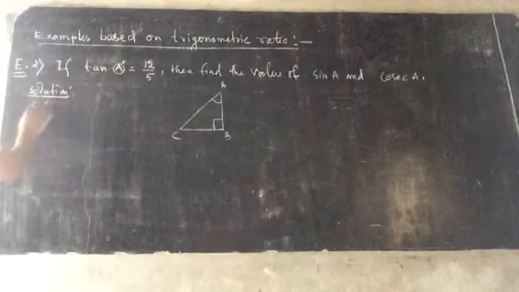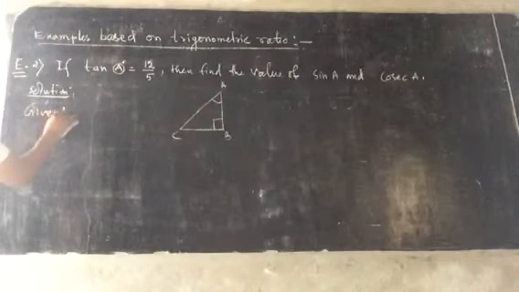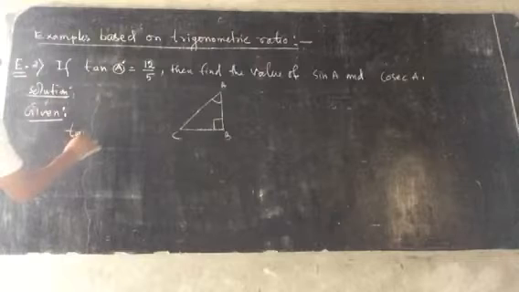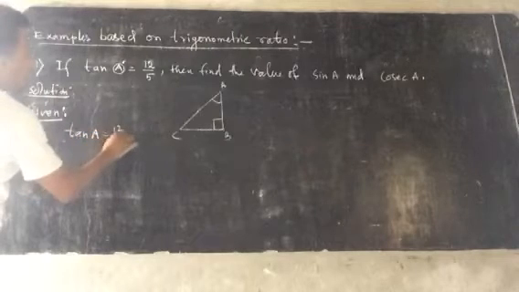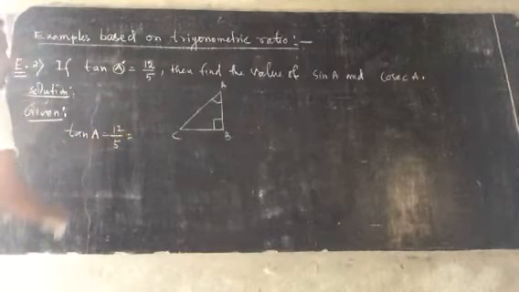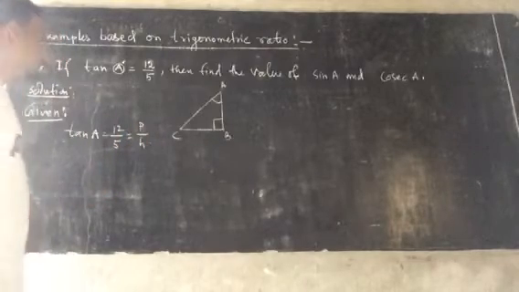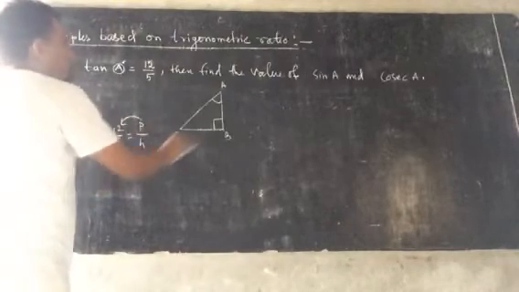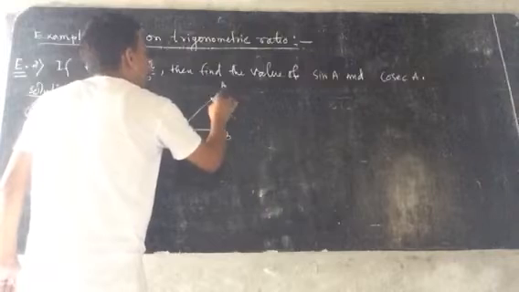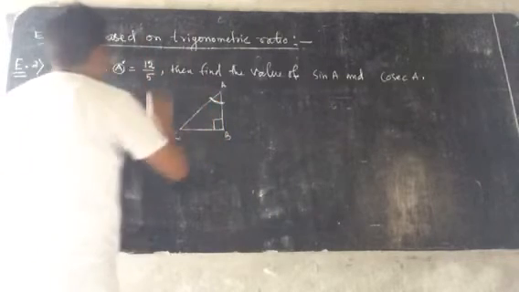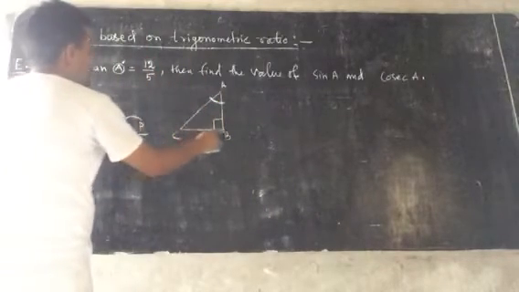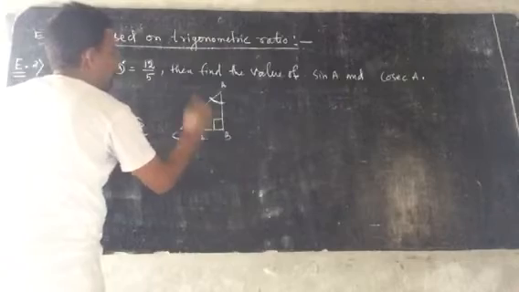Now what is given? Tan A is equal to 12 by 5. The formula of tan is P by B. So P is 12. With respect to this acute angle, which side is P? BC. It means BC is 12.